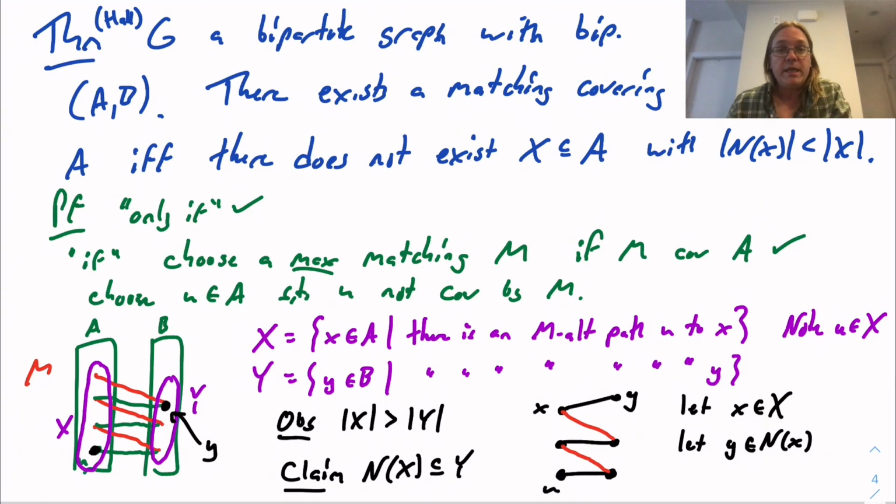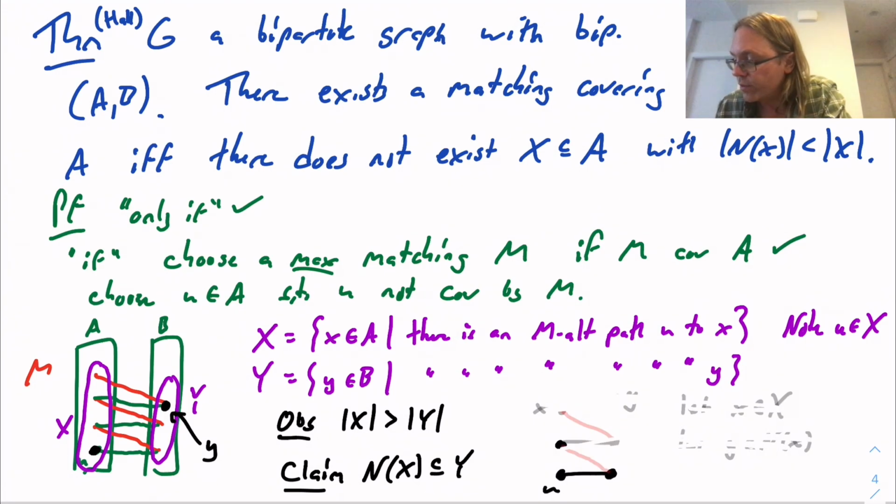So what we've seen is that in any possible case, this vertex x, all of its neighbors are going to have to be contained in the set capital Y. And because that's true for every vertex x in capital X, that means the whole neighbor set of X is a subset of the neighbor set of Y. And that proves our claim.